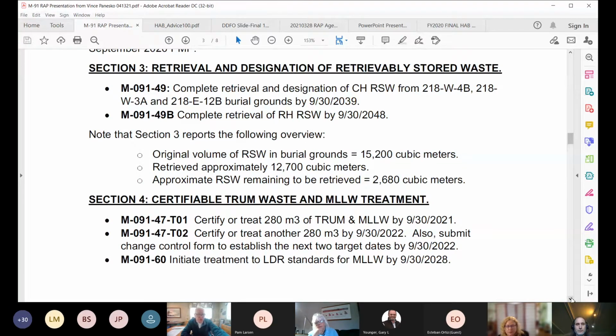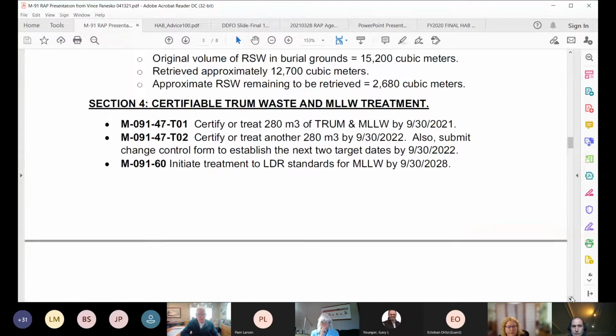Okay, let's keep going. Section 4 talks about short-term certifying and treating the TRU waste. And so M91 gives you these little year by year volume things. So let's go to section 5. Next slide.